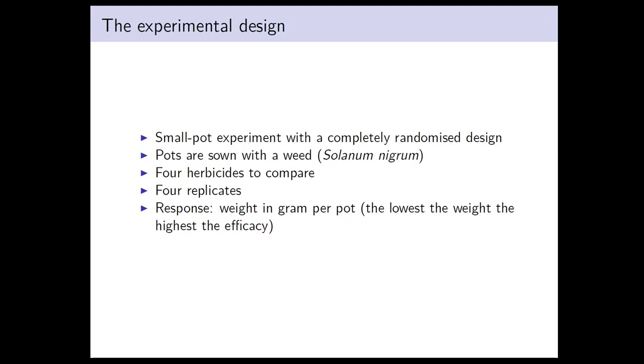Because if the herbicide is very effective, then the plant doesn't grow. So it stays small and it weighs less. So the higher the efficacy, the lower the weight. I mean, we look at the weight and decide about the efficacy.